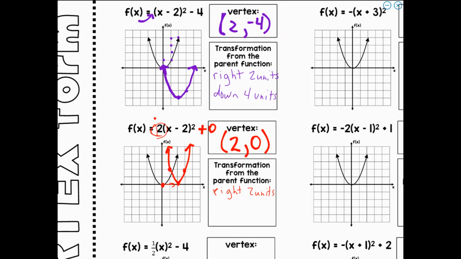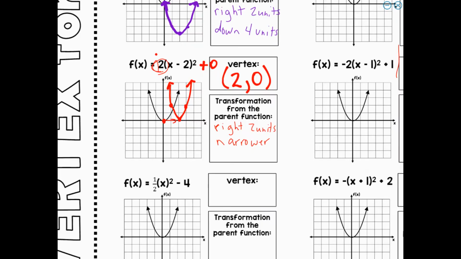Down 0. You don't have to write that it went down 0, because it didn't move any. We just need to say now that it got narrower. And narrower could also be called vertical stretch.